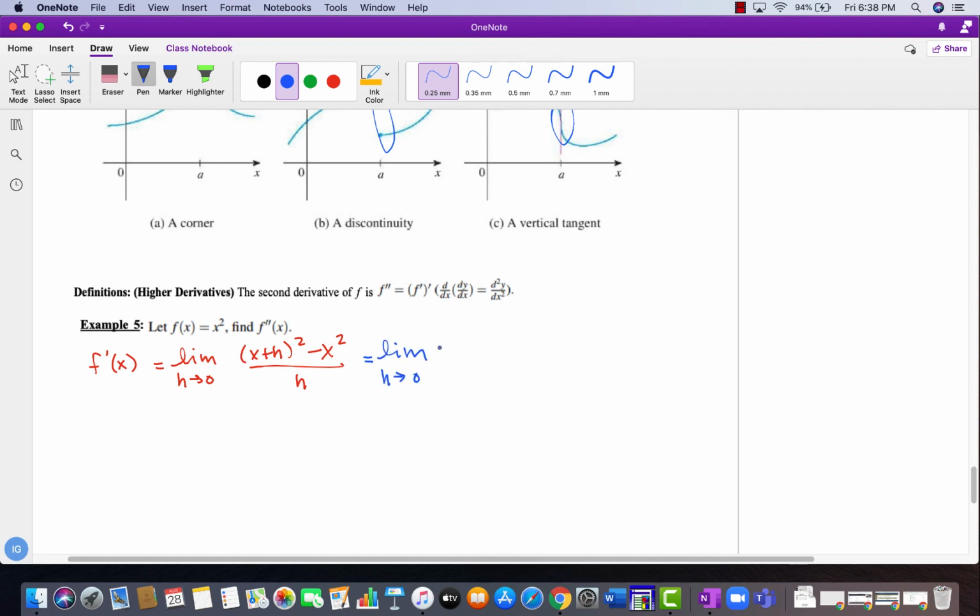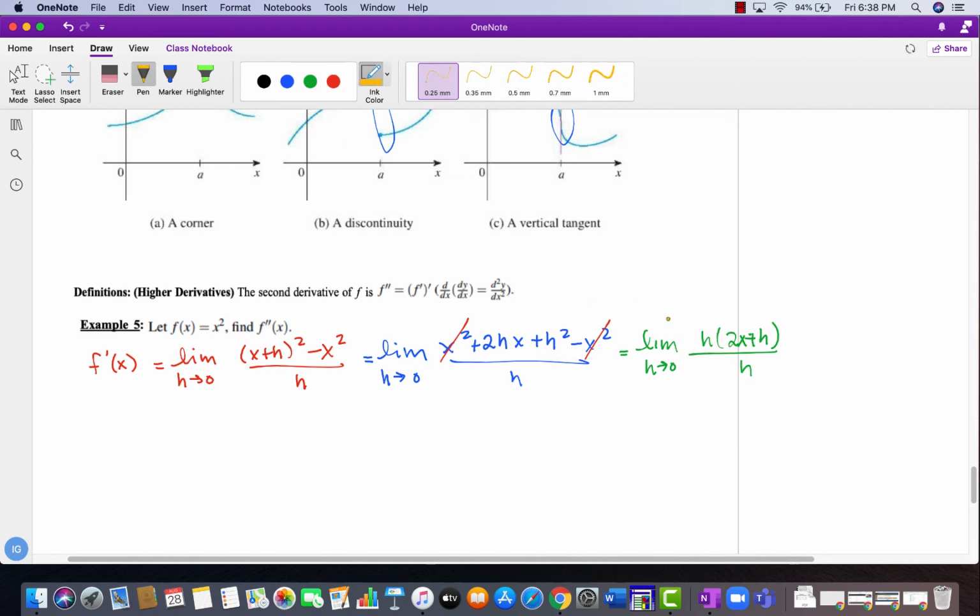We distribute everything and we simplify if we can. So notice here the x's are going to go away, and then we can factor an h and cancel it with the denominator, which is what we want here. x plus h, there you go.